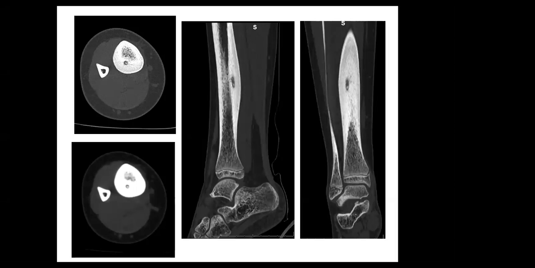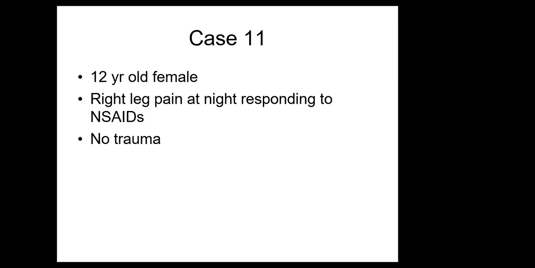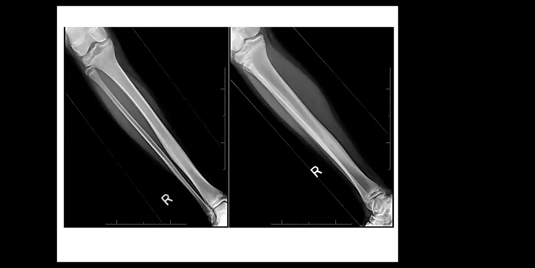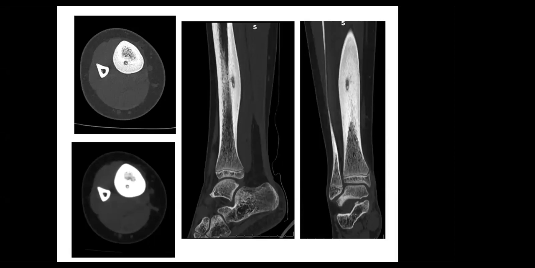But if you want really to differentiate between the two, especially if the history was not consistent with osteoid osteoma, you could suggest doing dynamic enhanced MRI. So with osteoid osteoma, you see sharp peak enhancement and then early washout on the dynamic curve. So that's how you differentiate between the two.